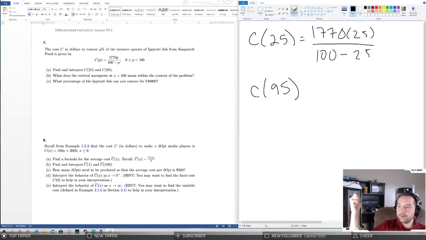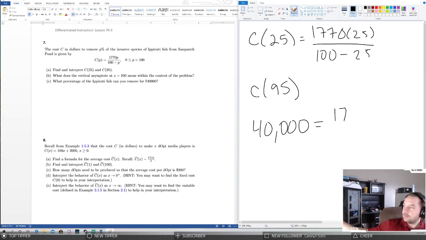And it says, what percentage of the fish can you remove for $40,000? So that means that we just have to set up the equation. 40,000 equals, and then we have to solve for P. So you just want to get P by itself, and so get P out of the denominator here.